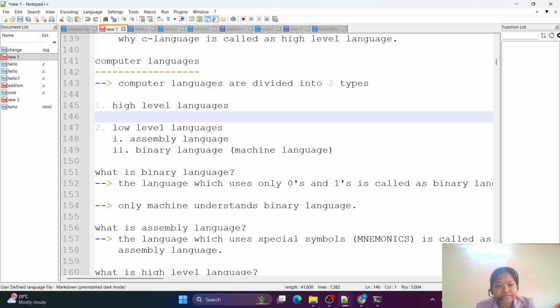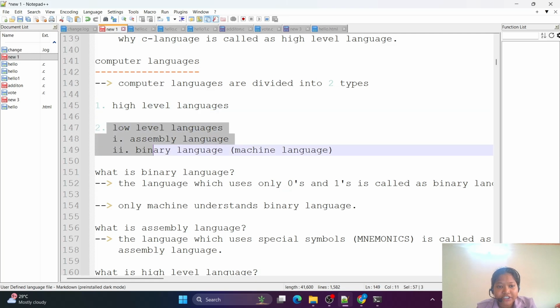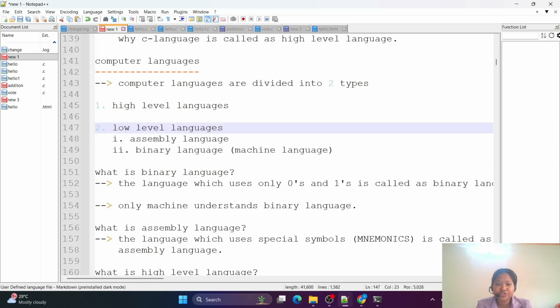Next is low level language. Low level language, we can call it, is more closer to the computer. It is not close to the human being. It also has some advantages and disadvantages. The execution time is very fast, because it doesn't require any kind of mediator.